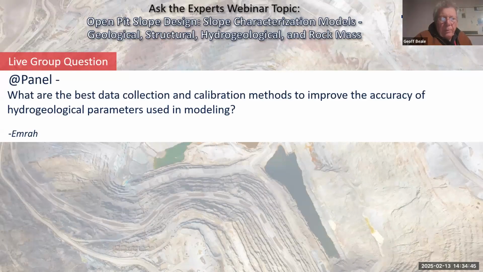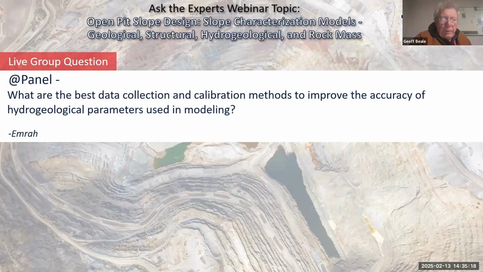A lot of people just jump into packer tests, which we talked about earlier in the course, and the issue with packer tests is you're just calibrating the materials in the immediate vicinity of the holes. Whereas if you have a test where you pump or you inject from one hole and you measure the response in another hole, then that is giving you information on the wider flow field and the wider formation. So it's always better to do that.